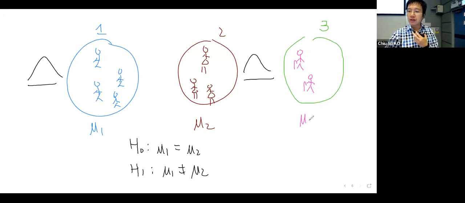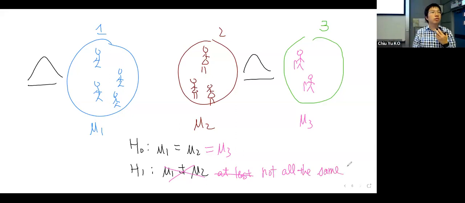You want to ask if mu3 here is the same. Okay? Then the alternative means at least not all the same. Not all the same. Okay, so that's the question, right?